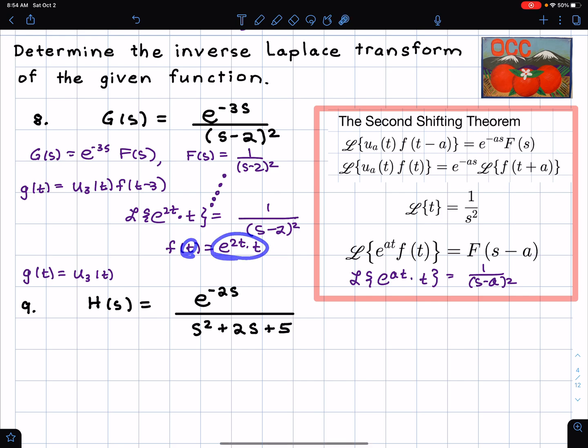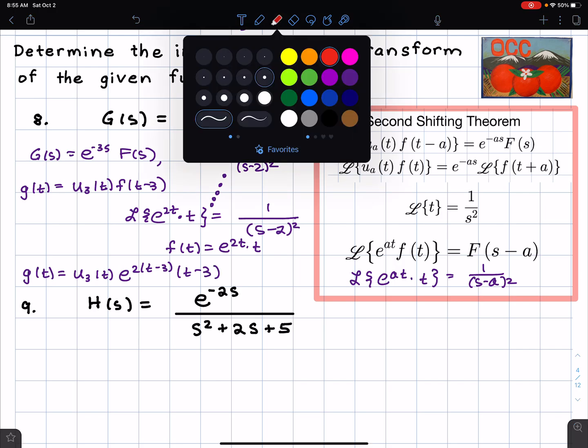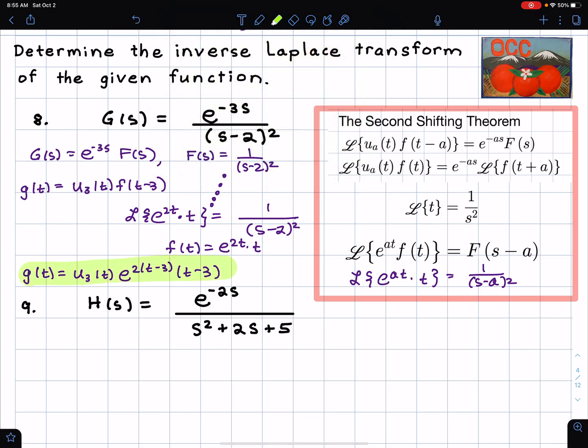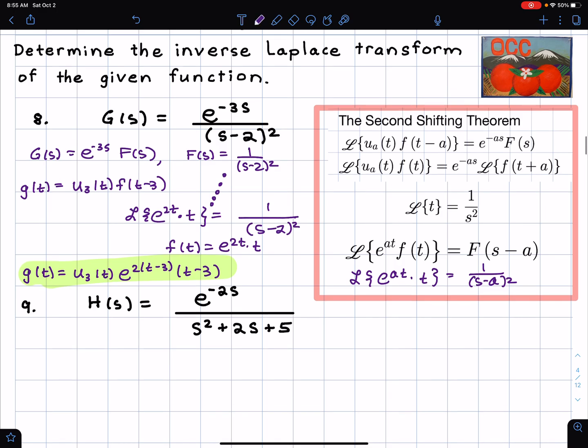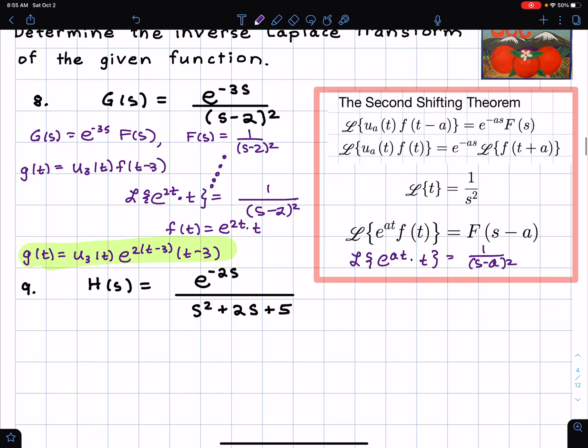So we have to replace t by t minus 3. It's definitely a lot going on here. Definitely, I can see why you might just want to have a computer do all of this for us. Okay, let's go on to the next one.